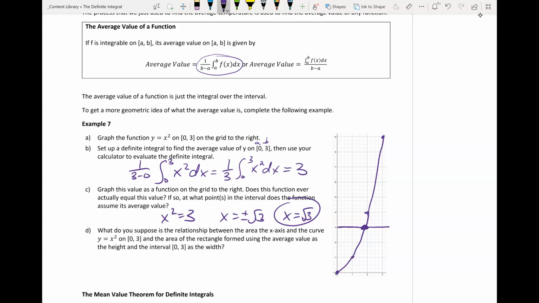So the relationship between the area between the x-axis and the curve, and the area of the rectangle formed by our average value, well, they're the same.